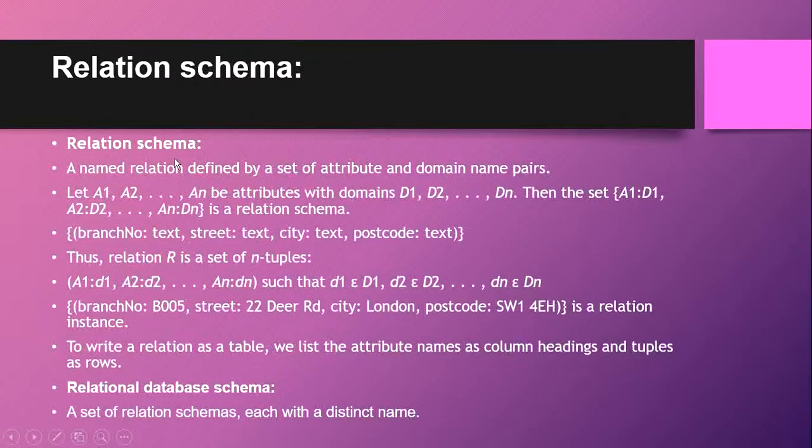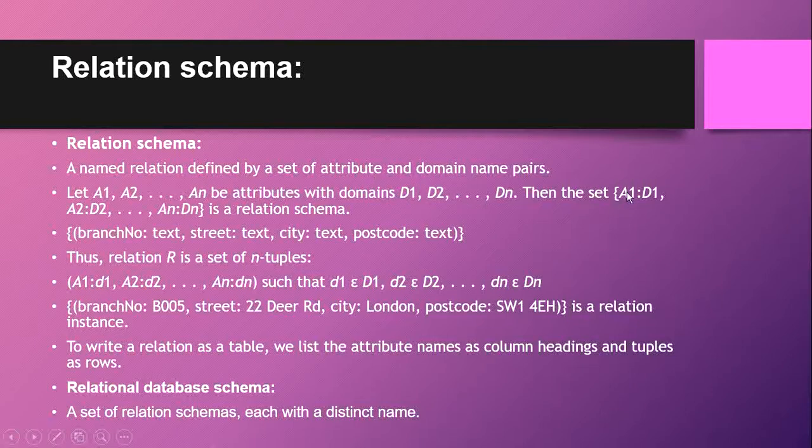So what is the relation schema? It is a named relation defined by a set of attribute and domain name pairs. Here we represent A1, A2 up to An as attributes with domains D1, D2 up to Dn.